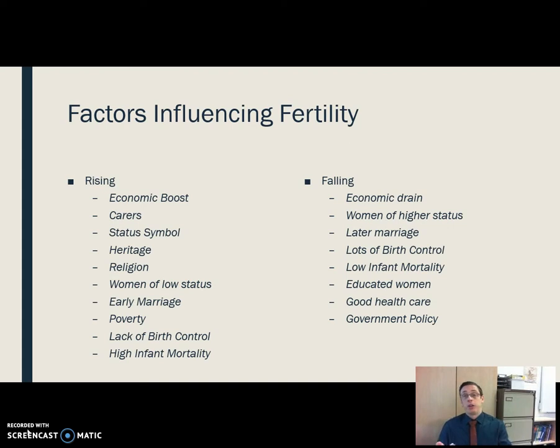Lack of birth control, kind of talked about: if you don't have access to it, as in it might well be too expensive or just not available for different reasons, such as religion, then obviously you can't use it. Or in terms of education, if you don't know how to use it effectively, that will lead to a rising fertility rate.